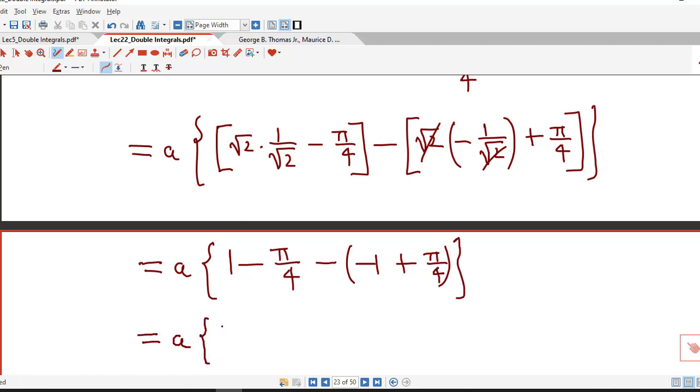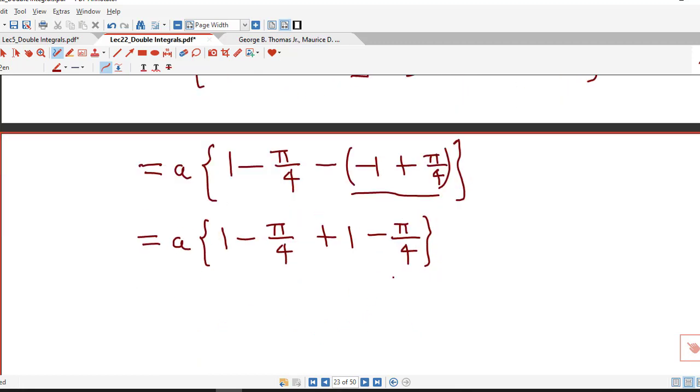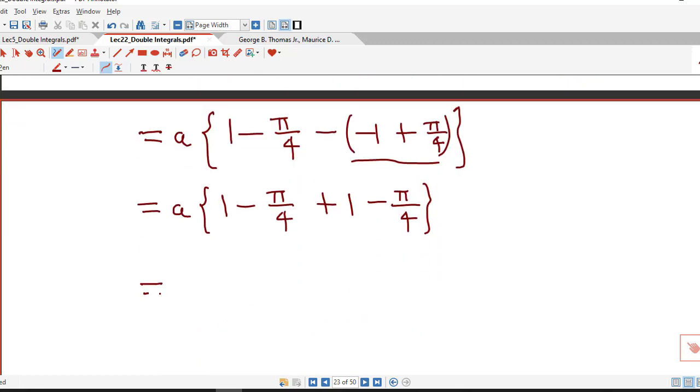So we further simplify, 1 minus pi by 4 plus 1 minus pi by 4. Here the negative sign will go inside the bracket, so minus minus is plus, and minus pi by 4. So this is equal to a into 1 plus 1, 2, minus pi by 4 minus pi by 4, that is minus 2 pi by 4, which is minus pi by 2.